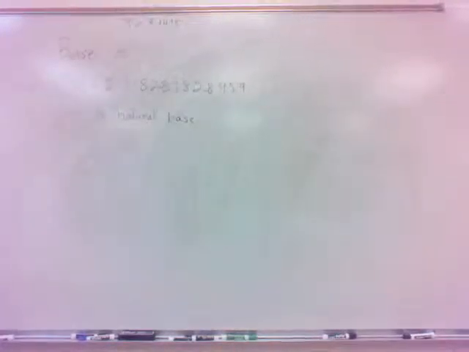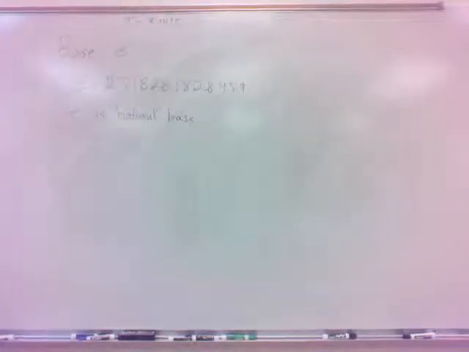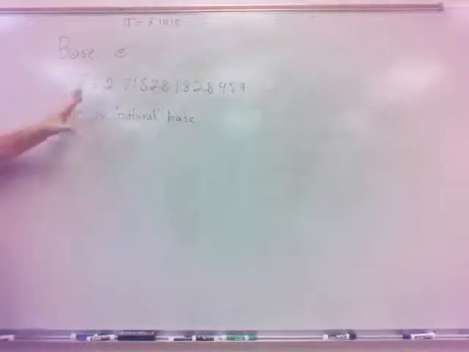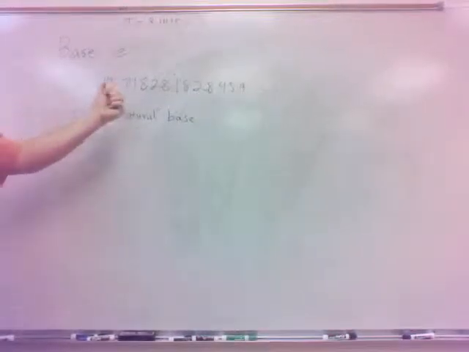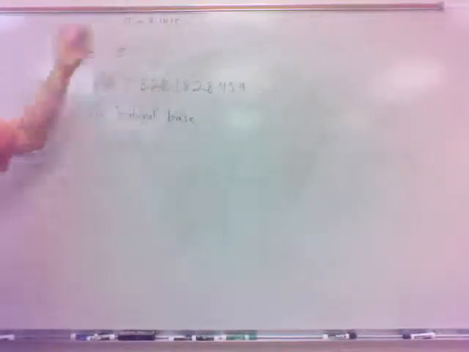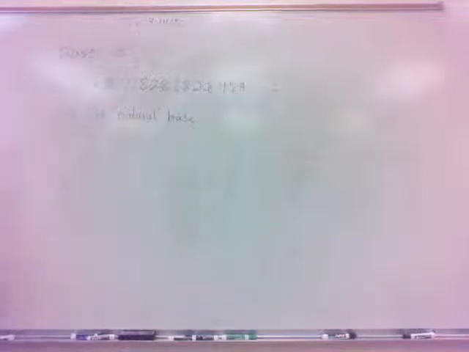Now, approximately, if your calculator has an E button, and we'll do that in just a second, E is about 2.72. Pi, we say, is 3.14. E is about 2.72 or 2.7. But that's rounding it. It continues on. It's an irrational number.